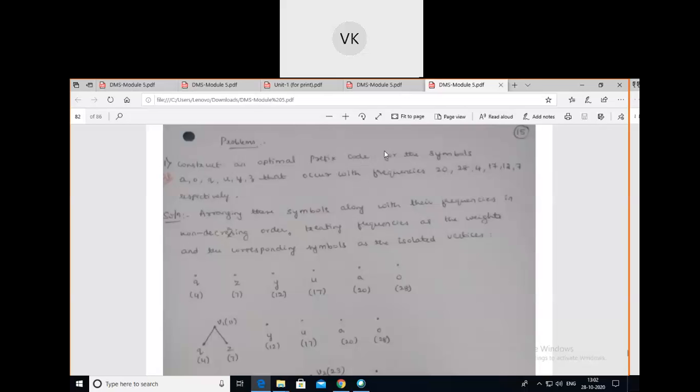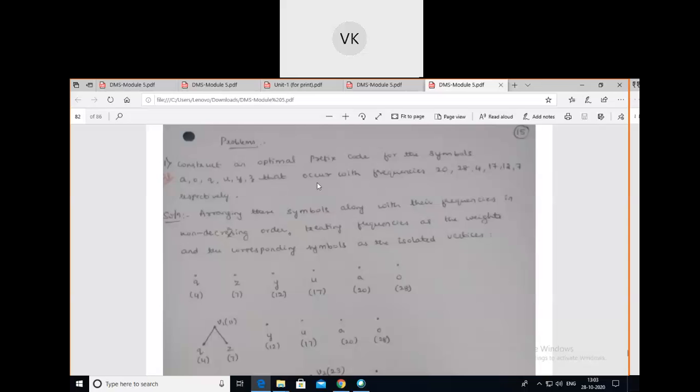No sequence in the list is the prefix of any other sequence in the list; that is called a prefix code. No sequence in the list is the beginning of any other sequence in the list. For these symbols a, o, q, u, y, z, we are going to find the prefix code.